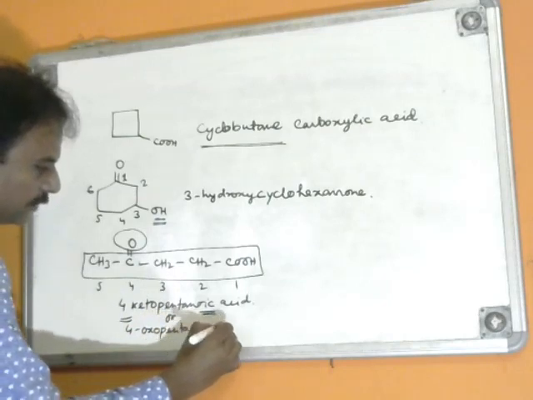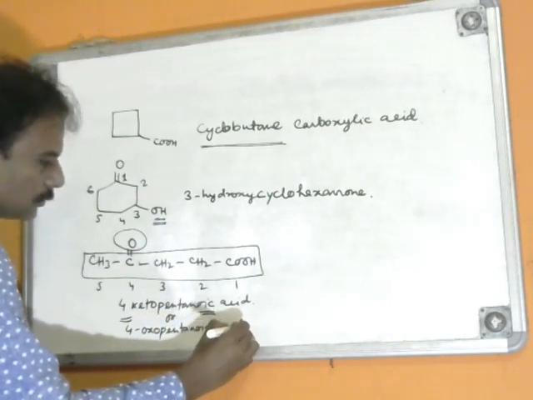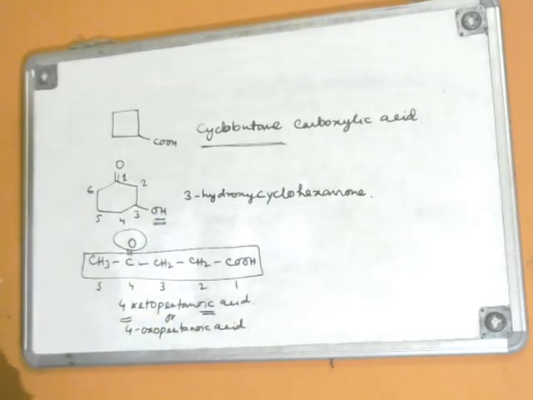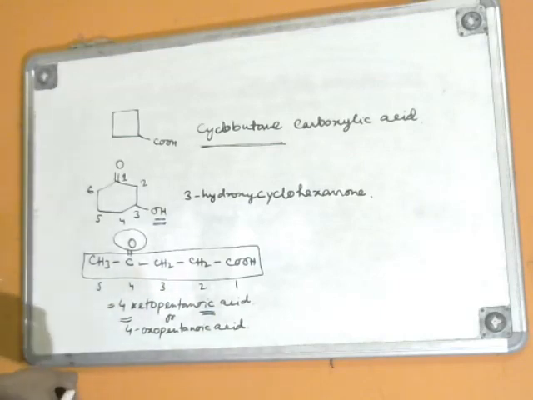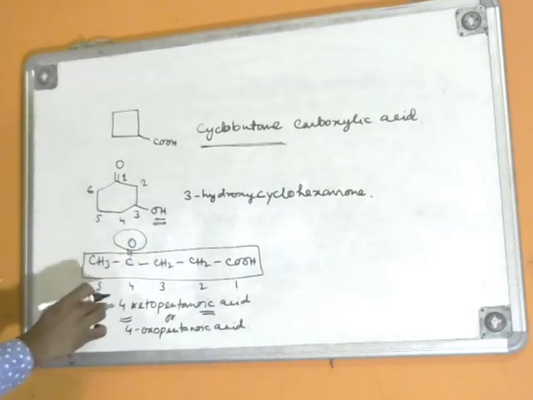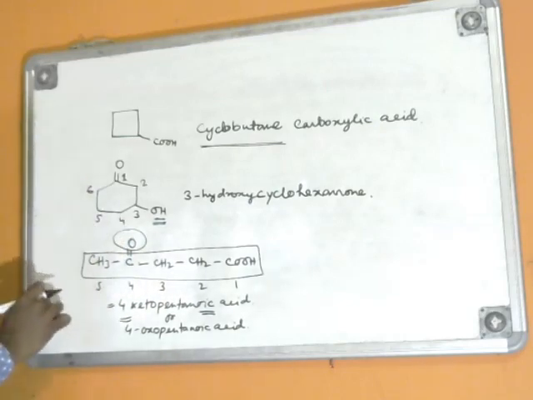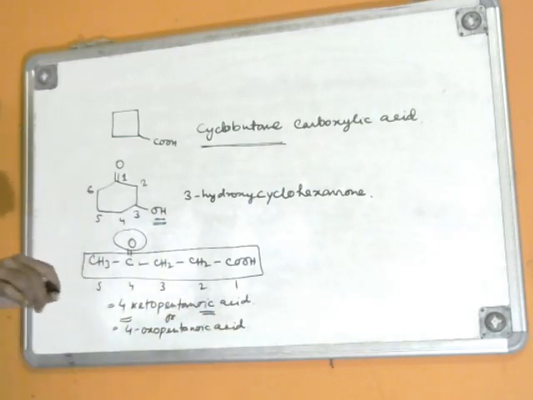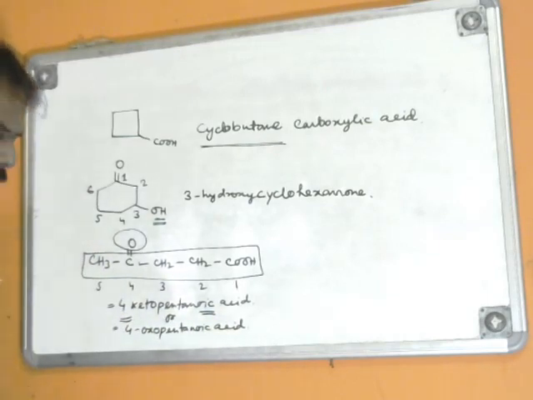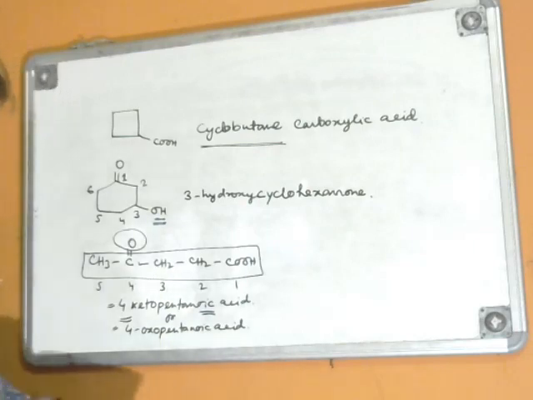This is also right. Okay. If you have this option, put the mark on that option, or otherwise if the option has this name, put the mark on that option. Okay. So these are examples of normal IUPAC nomenclature.